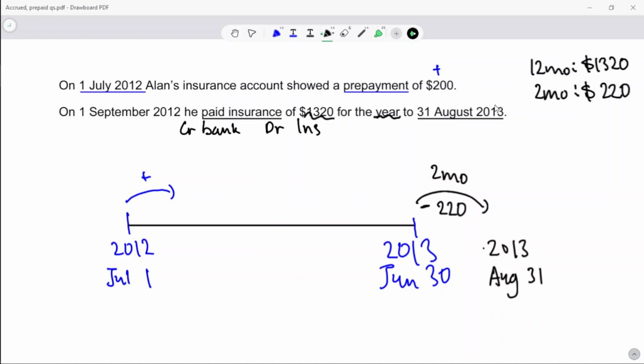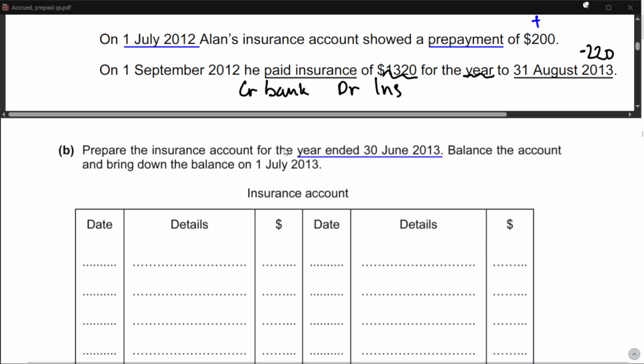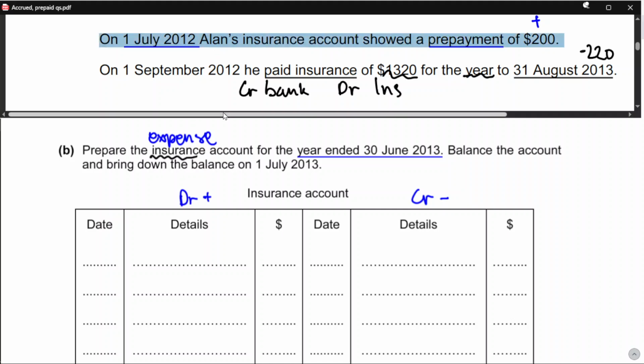I better put here as 220. Then let's continue. So this one, insurance. Insurance is actually an expense. So debit plus, credit minus, then say plus 200.